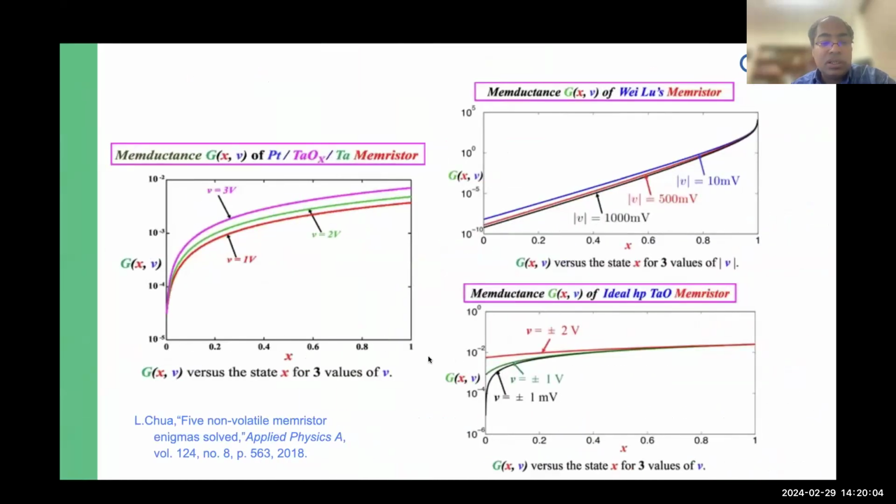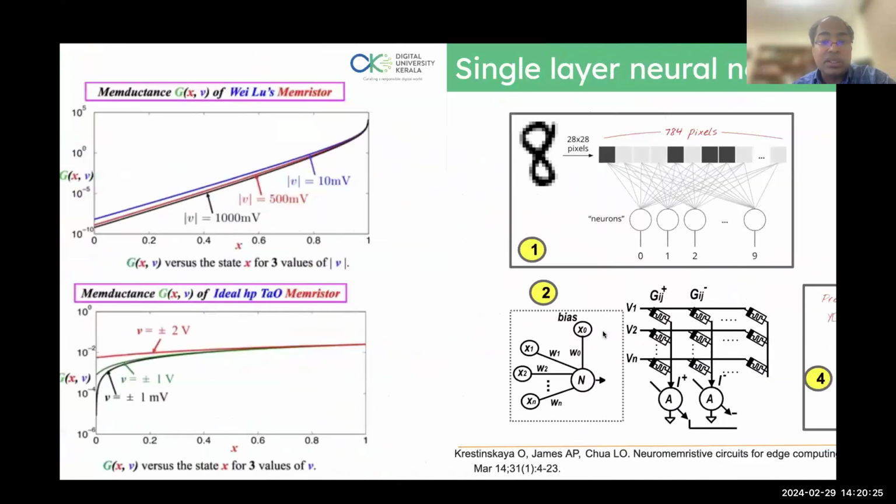So these are some of the devices that were fabricated, and you can actually study the behavior of these devices, similar to how it was originally proposed with various state equations. And these devices could then be used for building various kinds of systems.